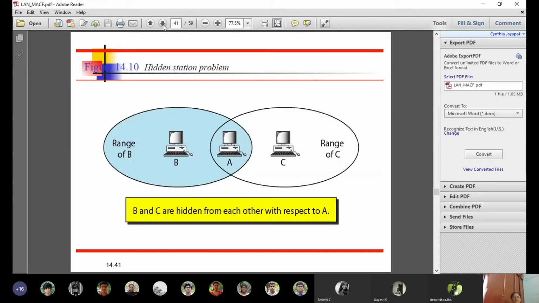In case of any wireless transmission, there are a few problems which are not present in wired transmission. In wireless transmission, there are certain problems which are not persistent in wired transmission.